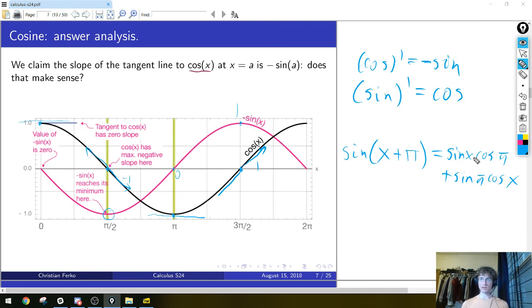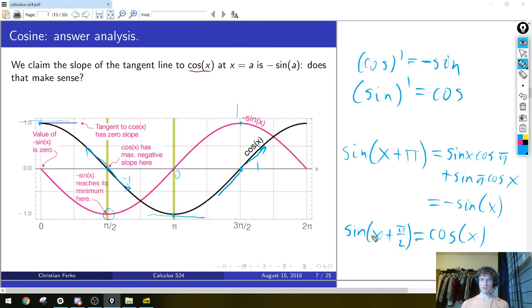Is that right? So cosine pi is minus 1 and sine pi is 0, so this is minus sine of x. So this isn't really the one that I wanted. I guess what I wanted was sine of x plus pi over 2. This is the one that's going to go to cosine, I think. So this will be sine x cosine pi over 2, right? Okay, so this one's cosine x.